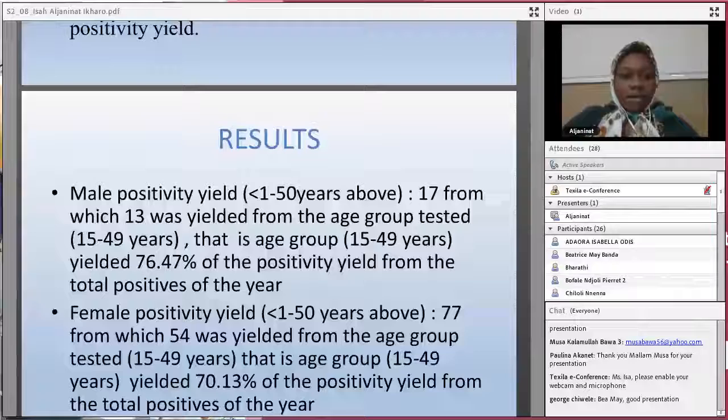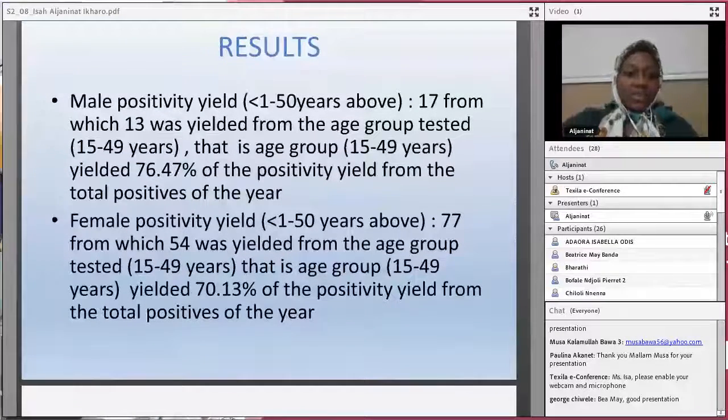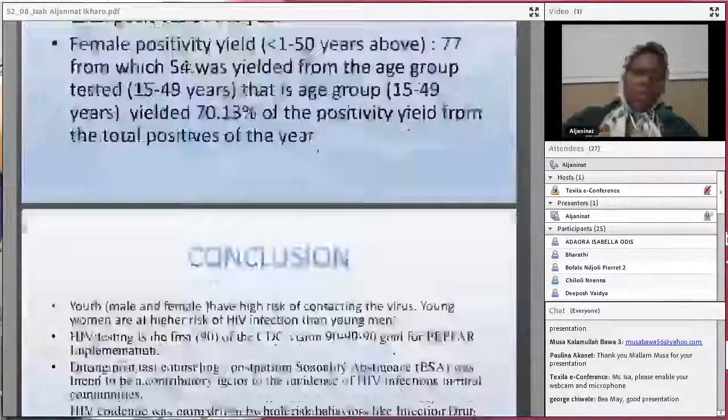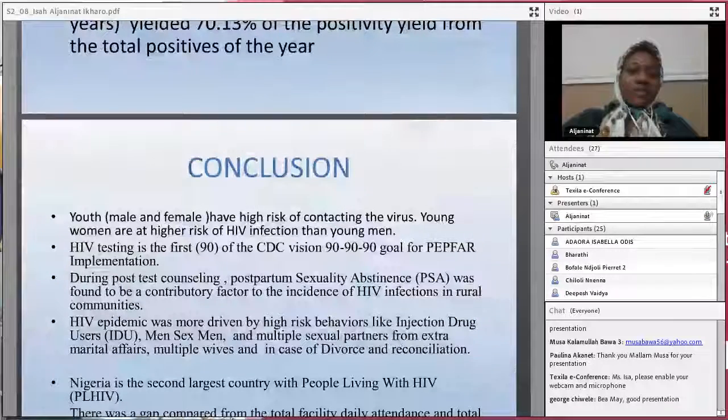And they had a positivity yield of 76.47%, while the female positivity yield was 77 in the total general population. But between age 15 to 49, we had 54 yield, giving us 70.13 positivity yield from the total positives of the year.